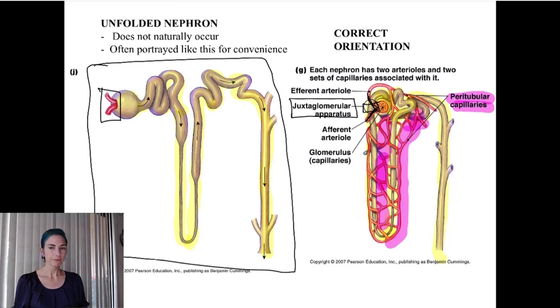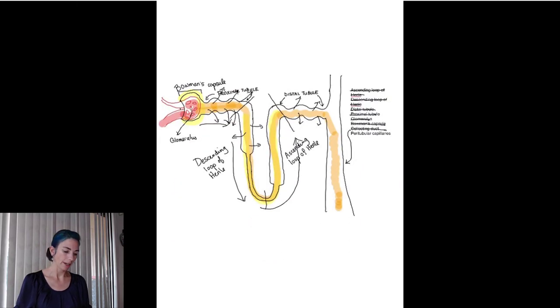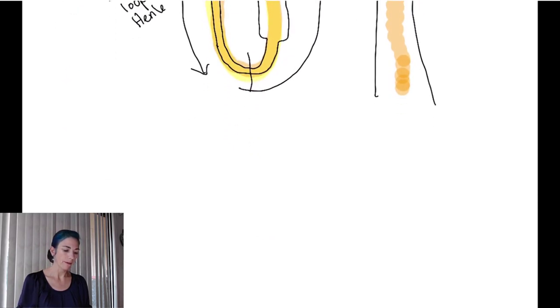Okay, so there are actually two capillary beds associated with a nephron. So this is highly unusual. I actually want to come back here and talk a little bit about this two capillary bed system.